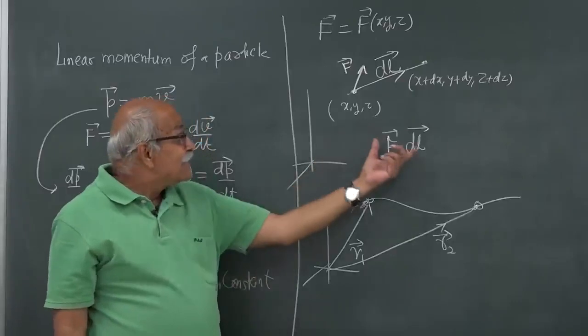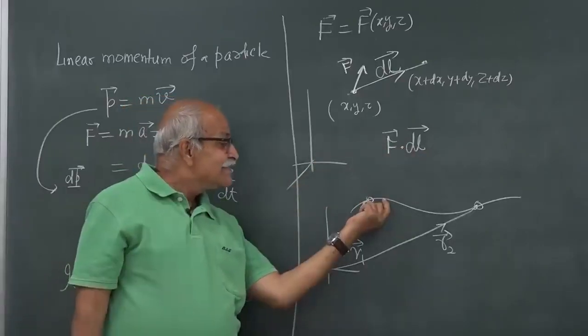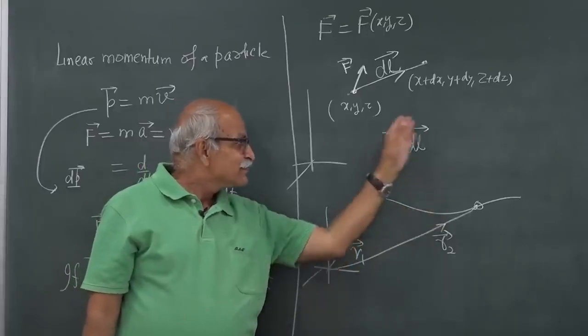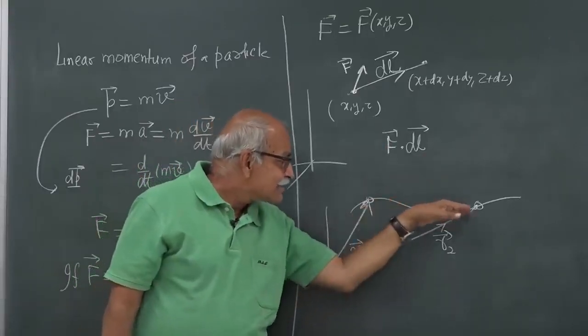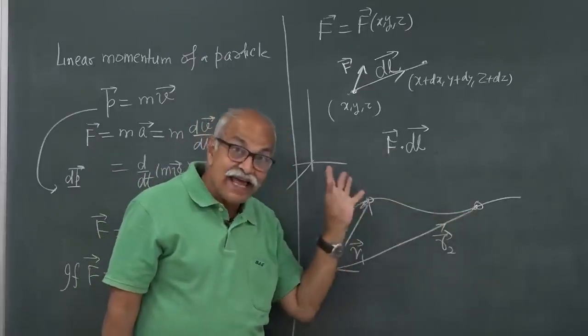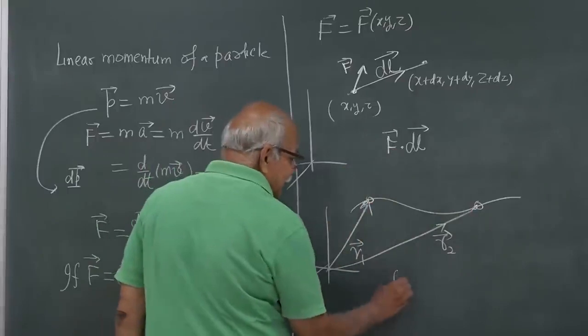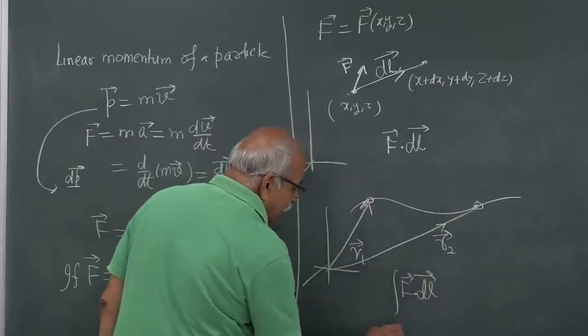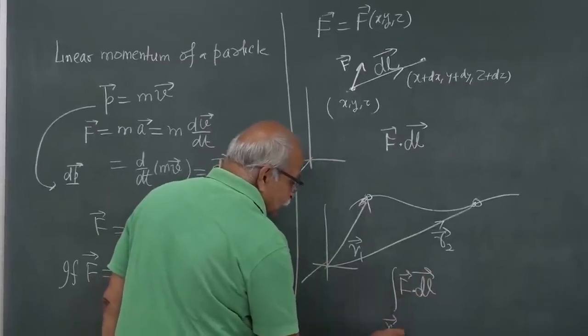I can add all these quantities, F dl here, F dl here, F dl here. I can take infinitesimal lengths, construct this and add all that, and that will be the integral of F dot dl from r1 to r2.